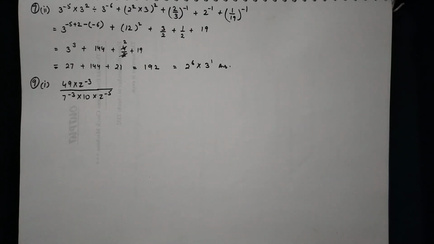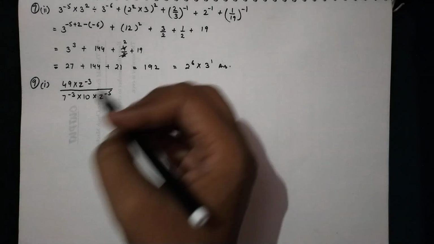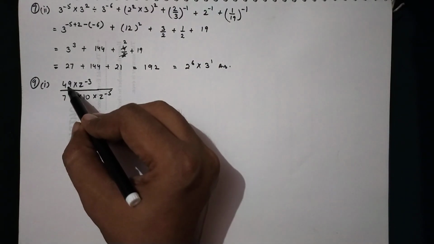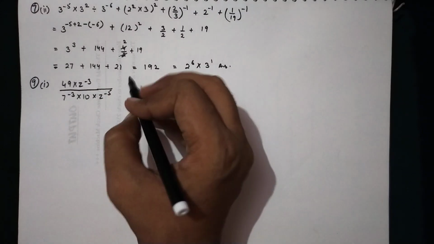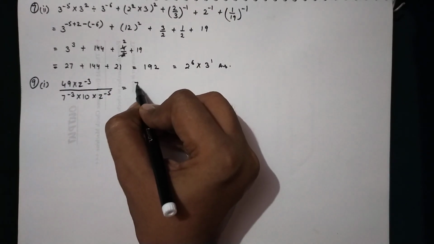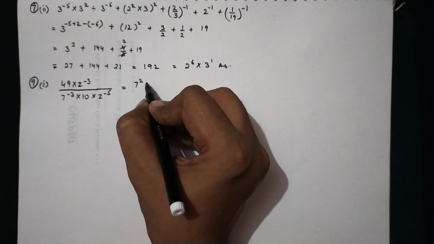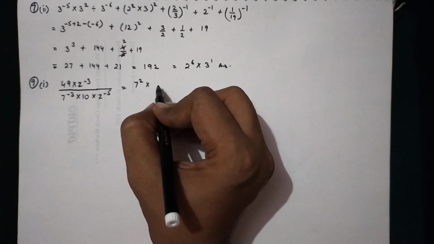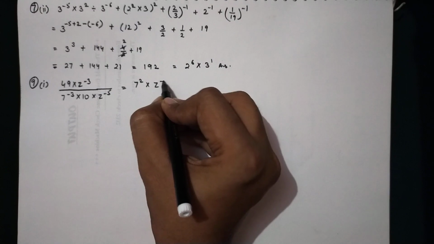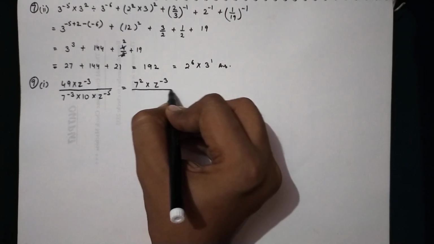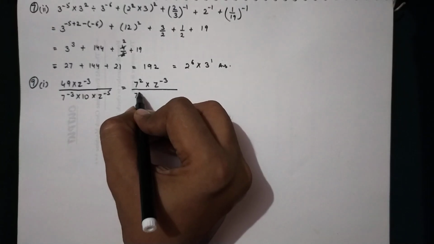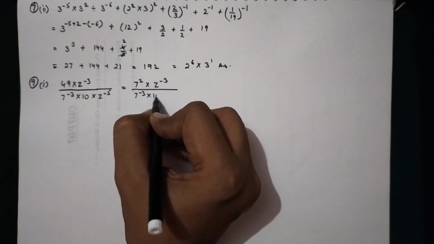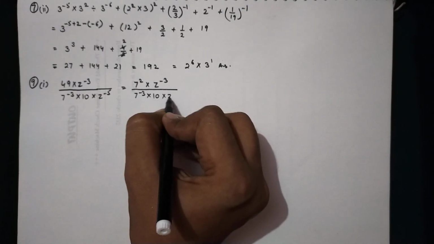Now on solving it, we can write this in the power of 7. So this will be 7 to the power 2 into z to the power minus 3, whole upon 7 to the power minus 3 into 10 into z to the power minus 5.